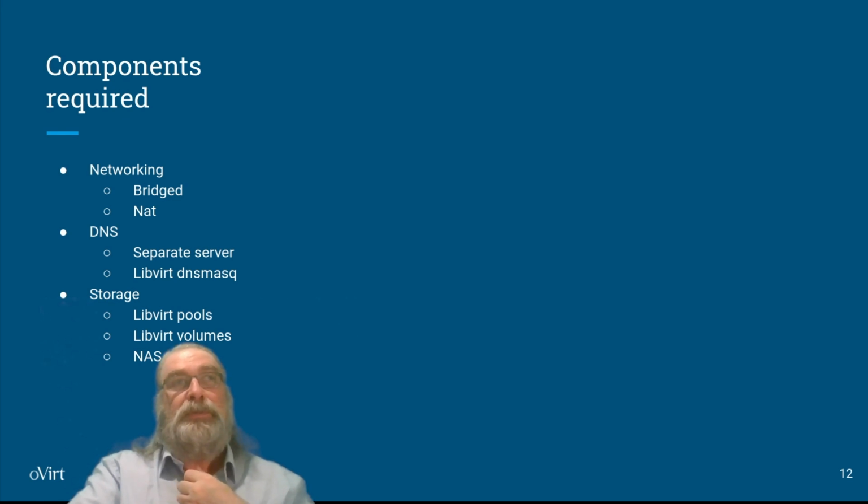You can also use NAT, which is set up by default on KVM and libvirt. And that'll work, especially if you just want it all configured within a single laptop.